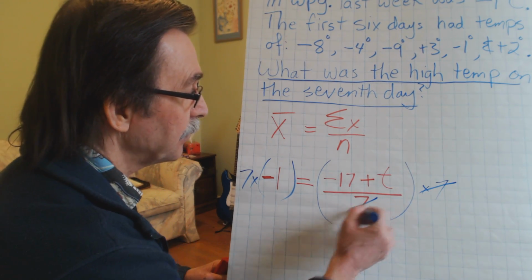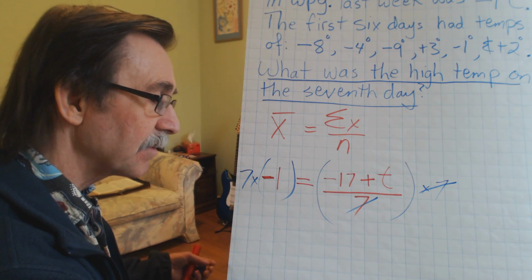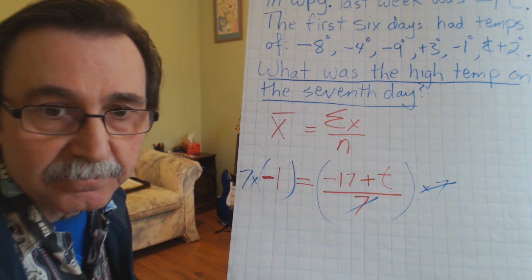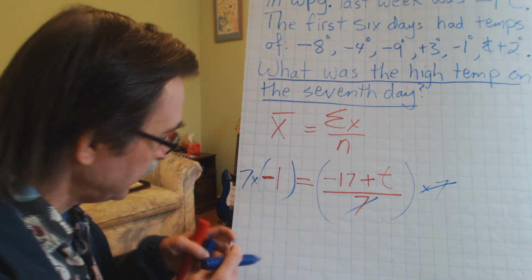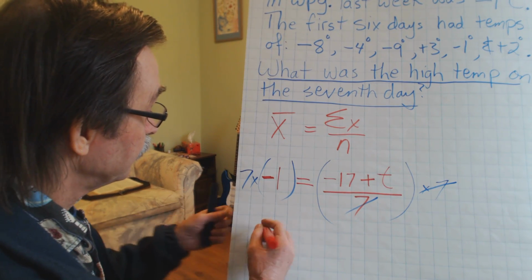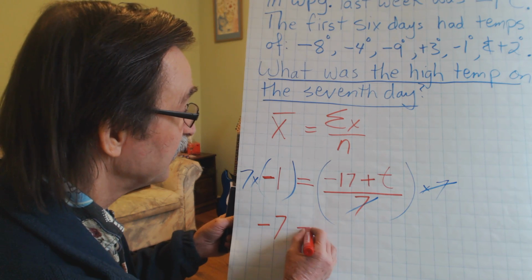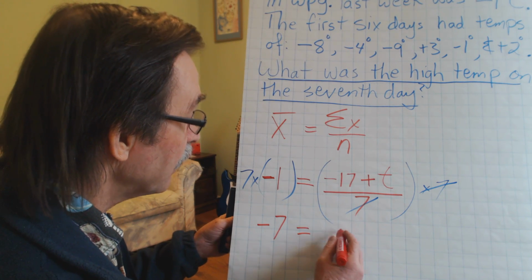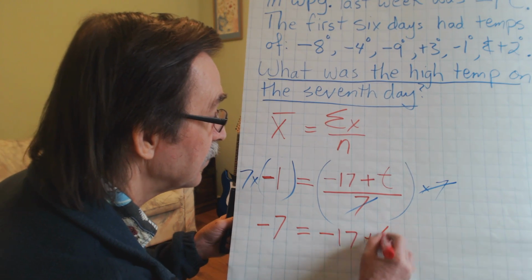When I multiply after dividing, guess what? It's as if the number was never there. So 7 times -1 is -7. And what do we have remaining over here? We have -17 plus T.